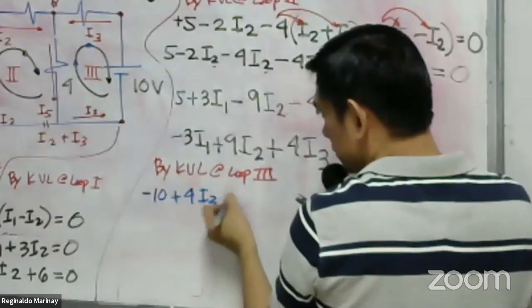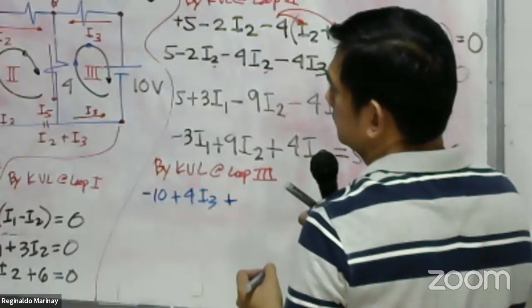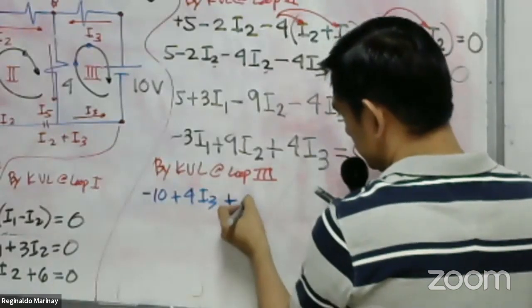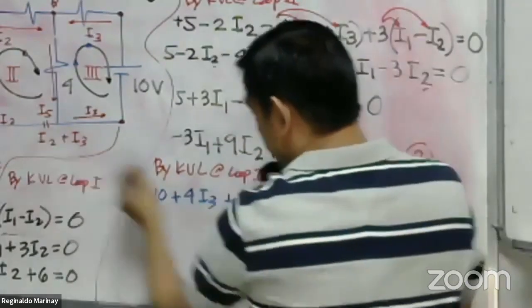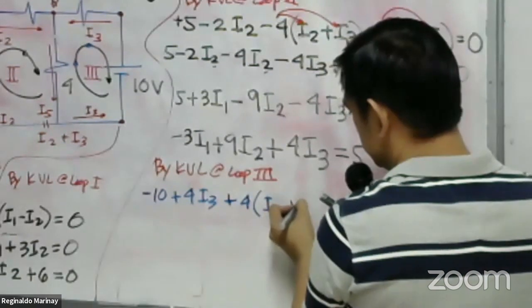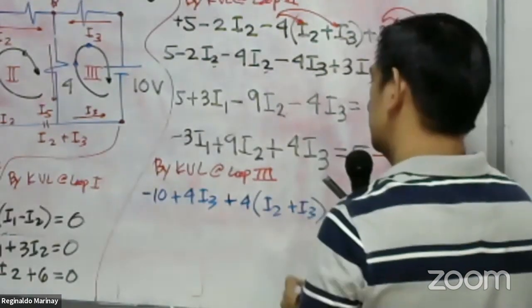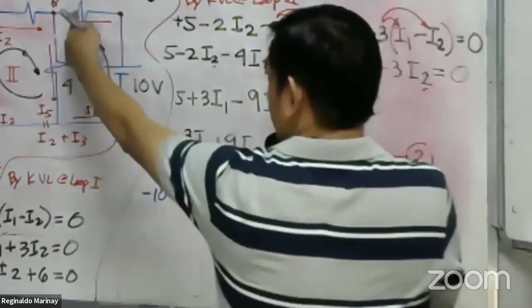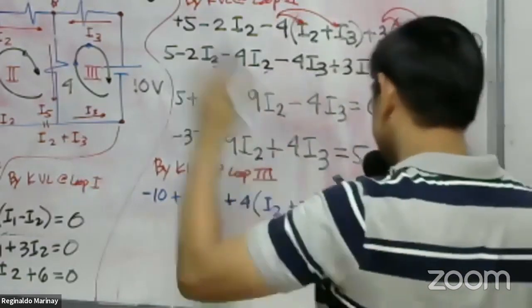Two direction, two lines. 4 multiplied by I5. Or I5 is simply I2 plus I sub 3. So that is equal to 0. Therefore, we have 1, 2, 3 parts. There should be 3 terms. 1, 2, 3 terms. Okay, that's complete already.